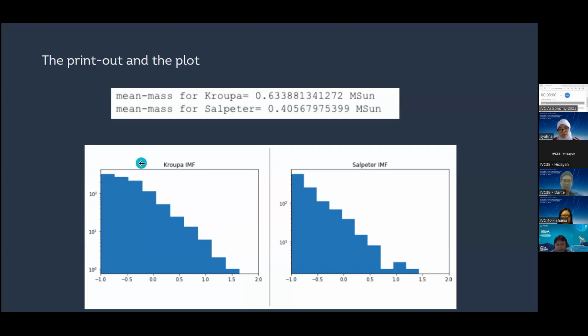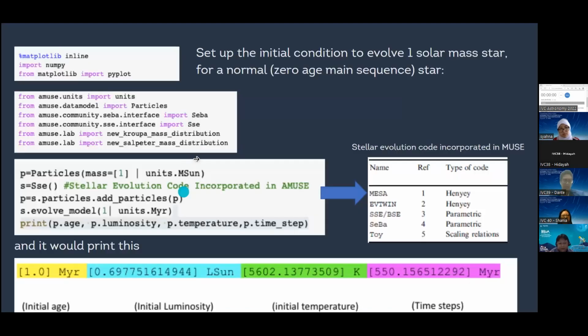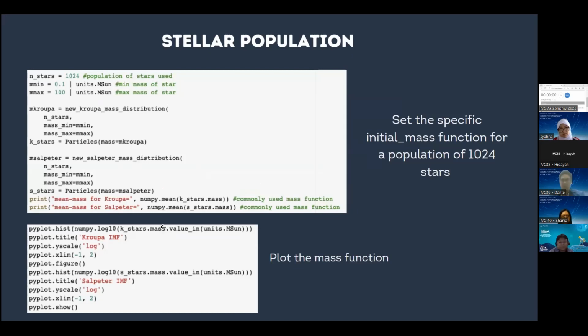To be honest, I don't really understand this graph. Okay, this is the initial mass: we want to know, if the cluster formed from the cloud after the collapse, how many stars were formed, and which star has which mass.